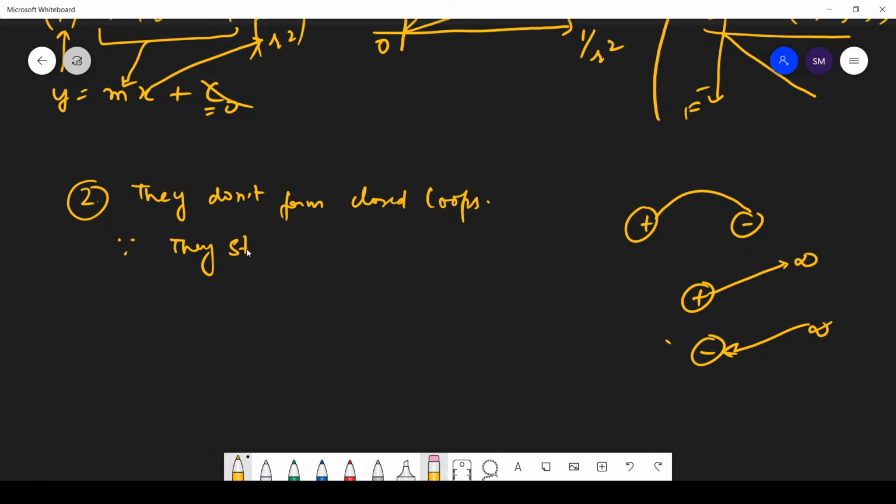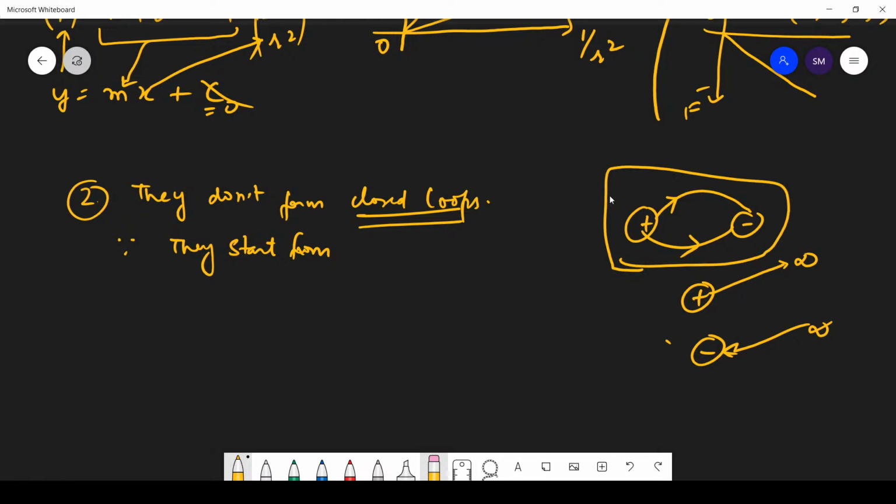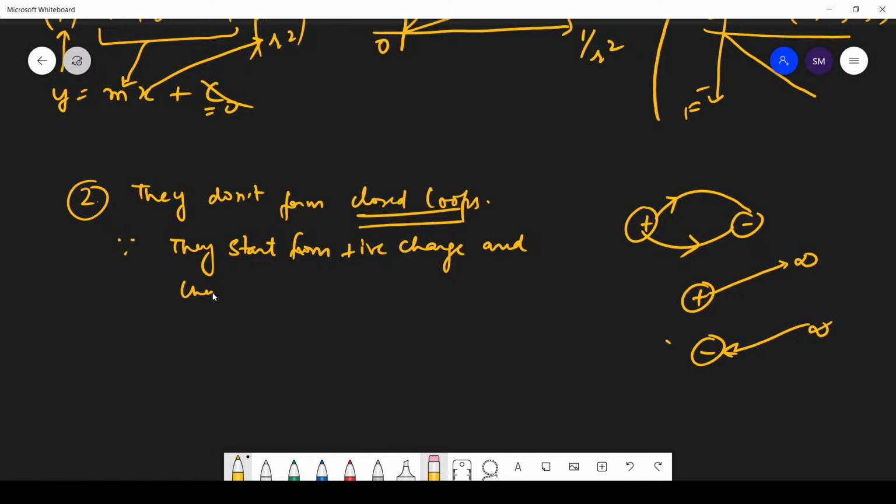But here the question is about closed loops. They do not form closed loops because they start from positive charge and end at negative charge.